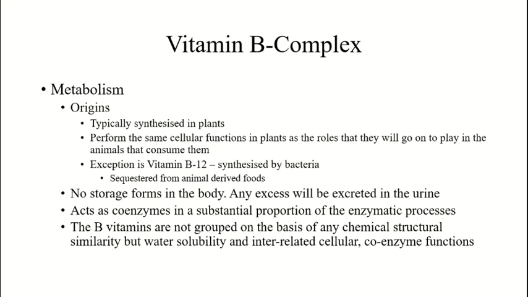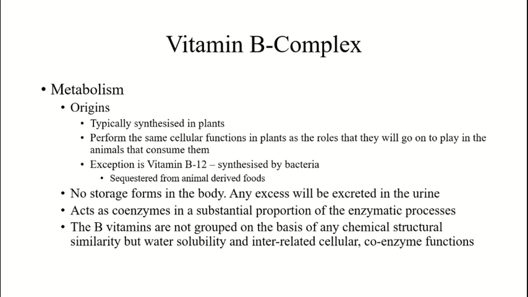Now, the vitamin B complex is typically synthesized in plants. They perform the same cellular functions in plants as their role in the animals that consume them. There are no storage forms in the body, as any excess will be secreted in the urine. They are also involved in a substantial proportion of enzymatic processes.